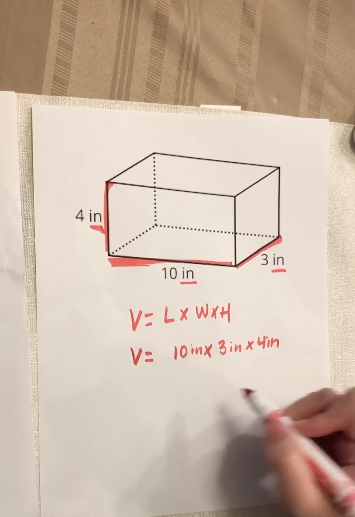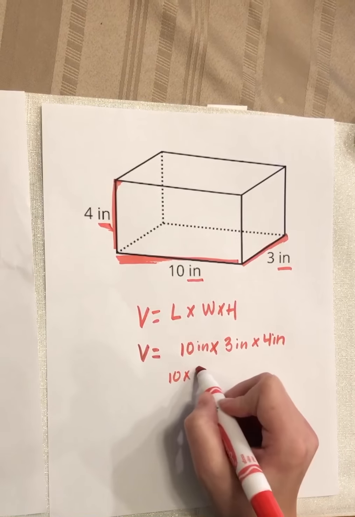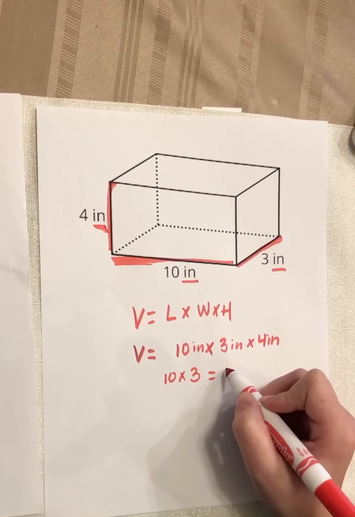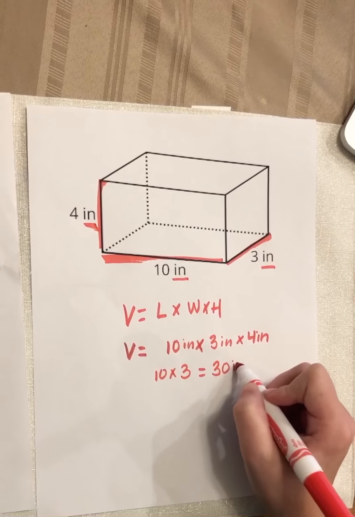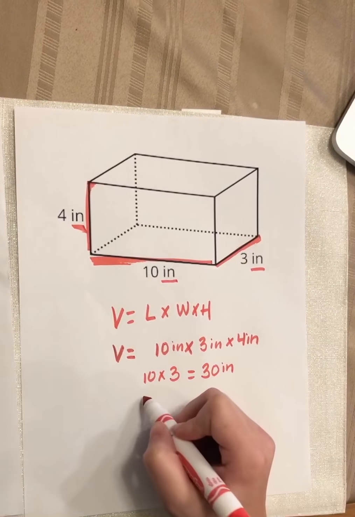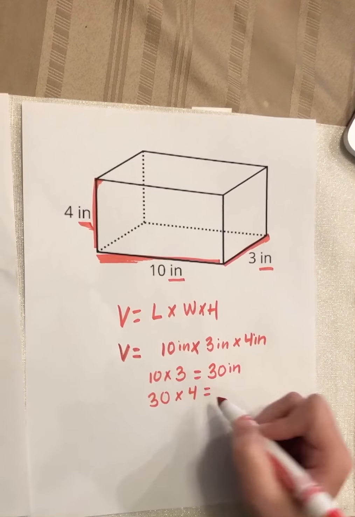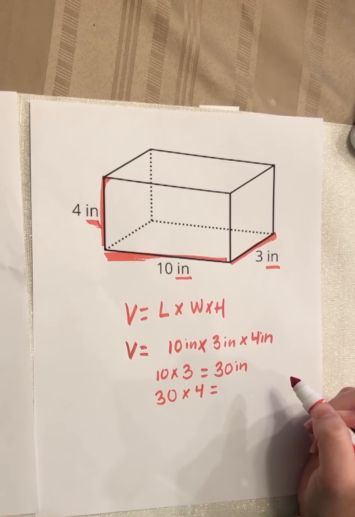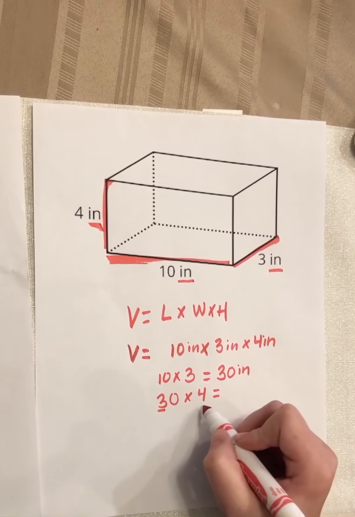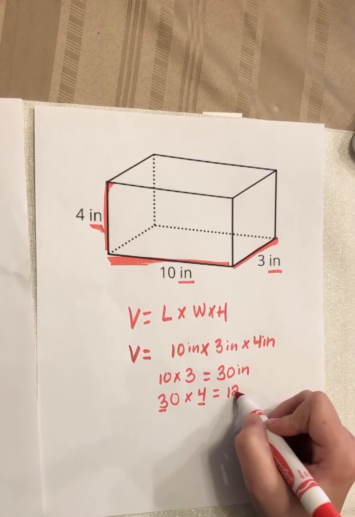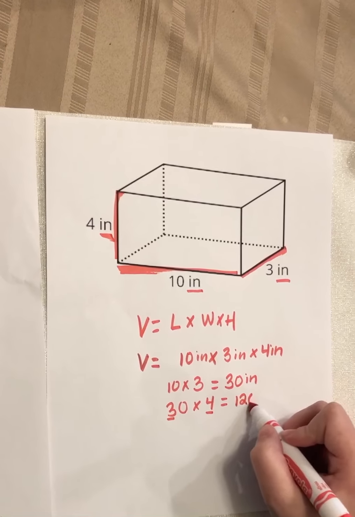So we can begin by multiplying 10 times 3, which will get us 30 inches, and then multiply 30 times 4, which will get us, let's look at our non-zero digits, 3 times 4 is 12, and then we can add that 0 back on.